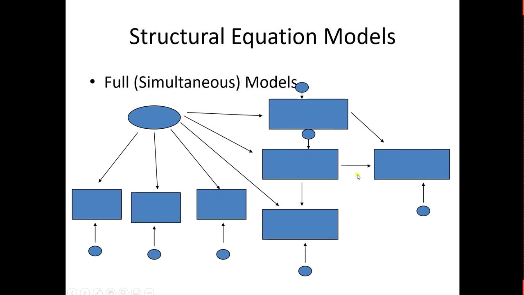Then this type of relationship up to here will be called structural relationship model, and only this part will be called measurement model. But since we have combined both measurement model and structural relationship model or path analytic model together, such models are called full or simultaneous or complete models.